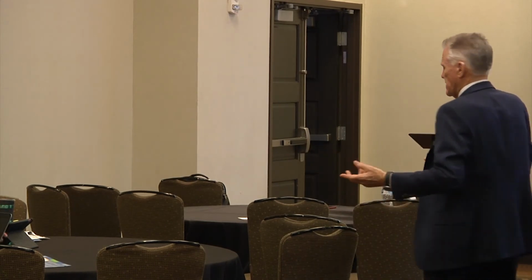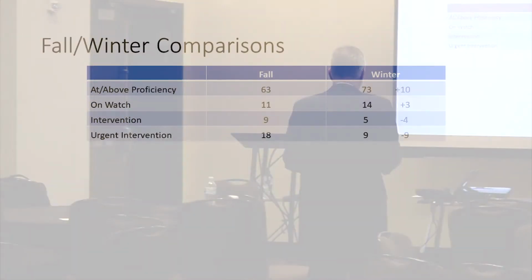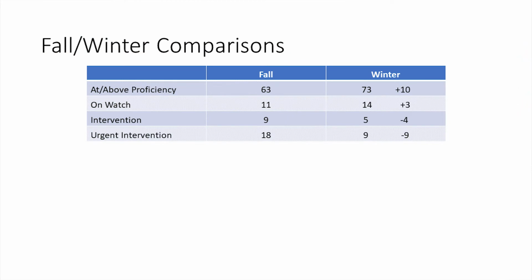This is formative assessment. This happens to be from a school district we just finished working with. Fall data, 63% were at or above proficiency on watch. This is the Renaissance. They use Renaissance. 11%, 9%, and 18%. Look at this percentage here. 27% of these kids were either needing intervention or urgent interventions.